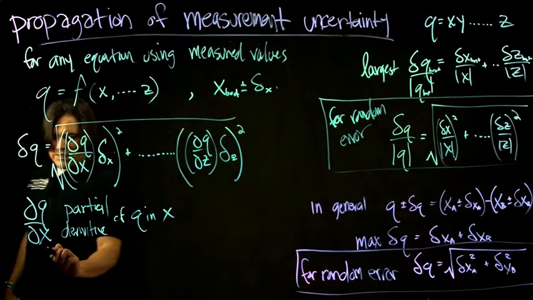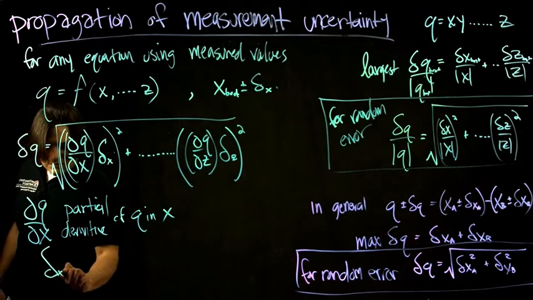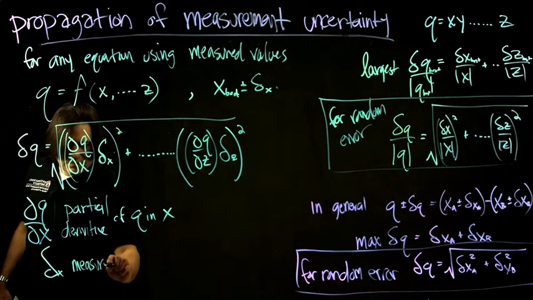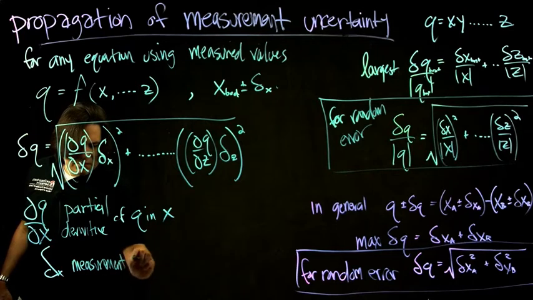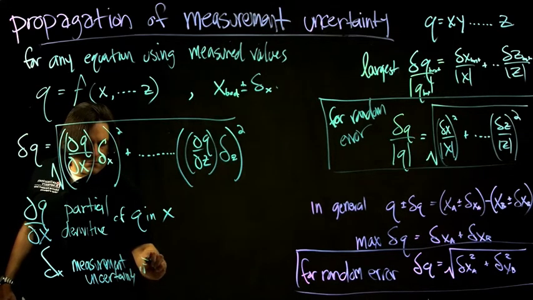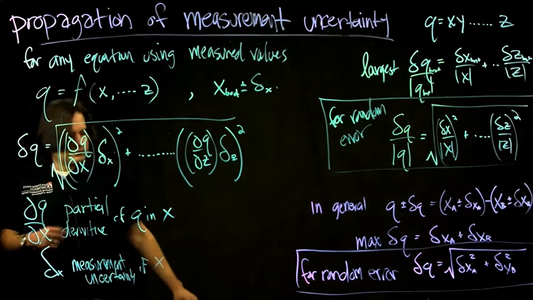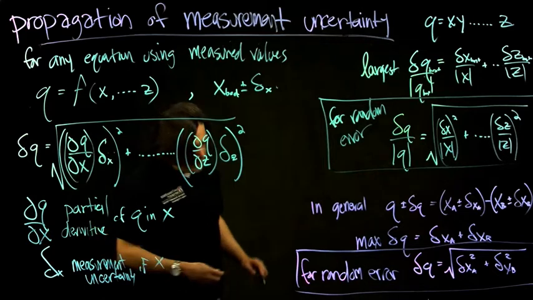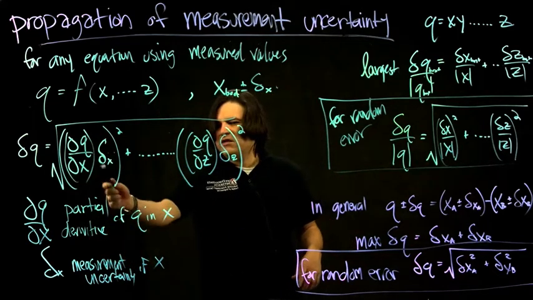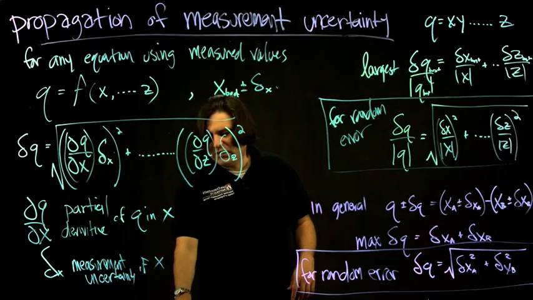And this delta X is the measurement uncertainty of X. So you identify each of these for each variable in the equation and you go about it.